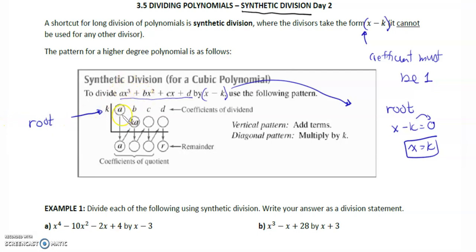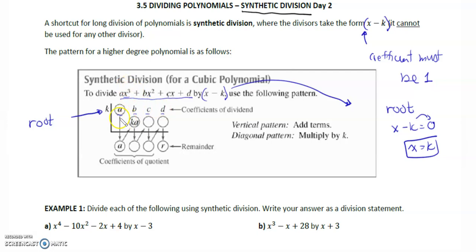And then we're going to put a, b, c, and d. We're familiar with this. We used a, b, c in the quadratic formula back in grade 10 and grade 11. We name the coefficients in order, a, b, c, d. This time we're extended to four terms.